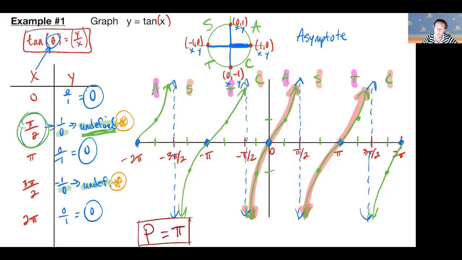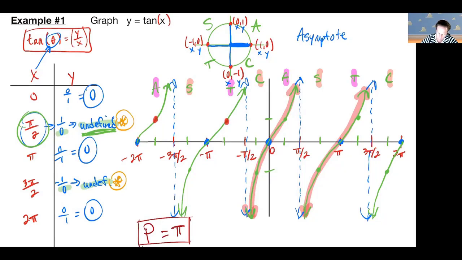And the only other point that we labeled was the ones and the negative ones. So those are what I'm still going to use as my amplitude, just like we did from the x-axis with sine and cosine. It's still going to be that 1, but now at our pi over 4s, or 45 degrees.